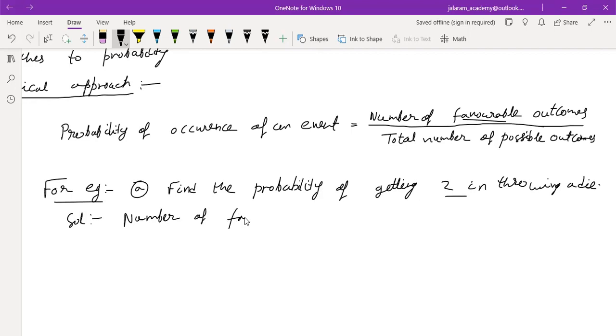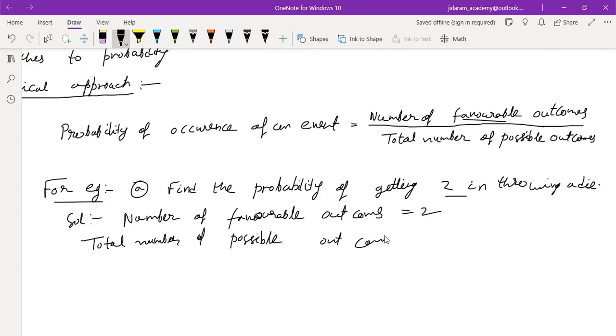Number of favorable outcomes is 1. And total number of possible outcomes? How many total number of possible outcomes are there? Total number of possible outcomes equals 6, means 1 or 2 or 3 or 4 or 5 or 6.